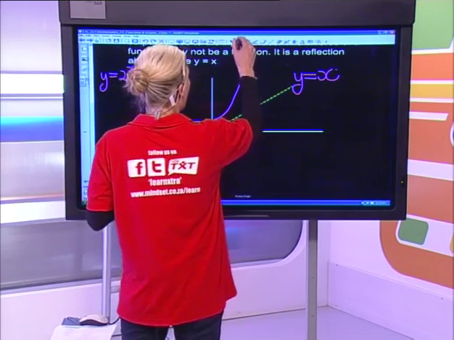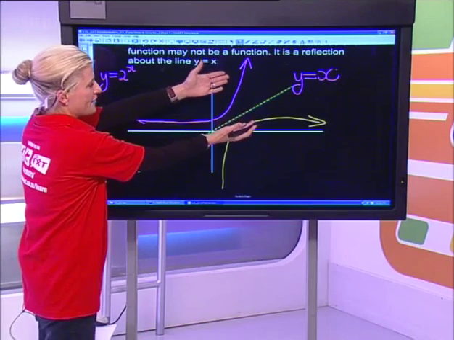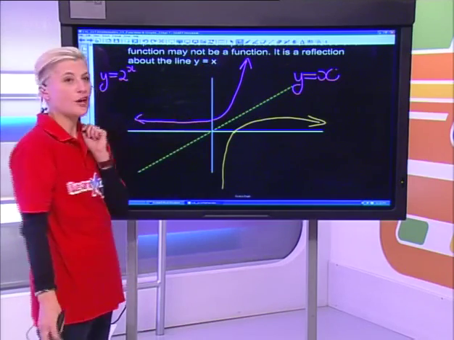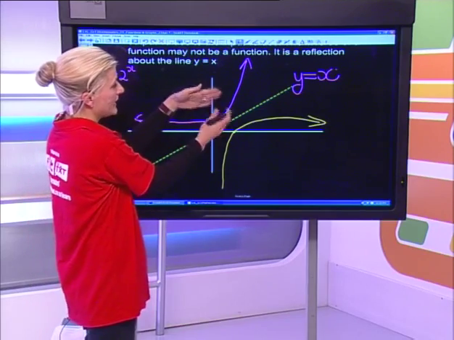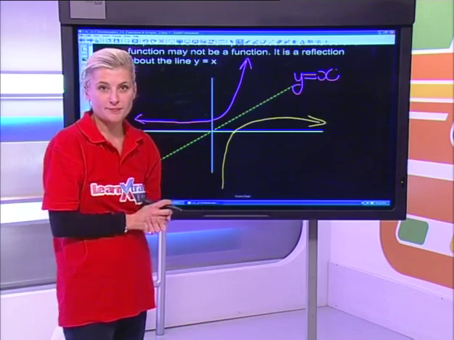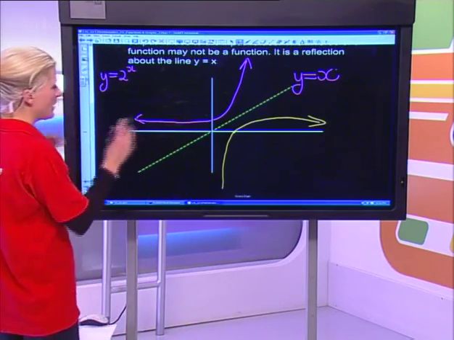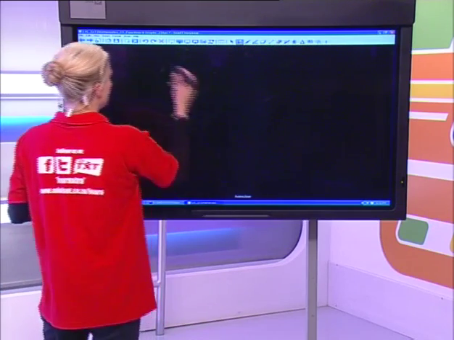So, without knowing even what it looks like yet, or without knowing the notation even, the graph will look something like this, so that if I fold onto that line, the two graphs will be on top of each other. So just quickly, before we carry on any further, what happens when I do an inverse?